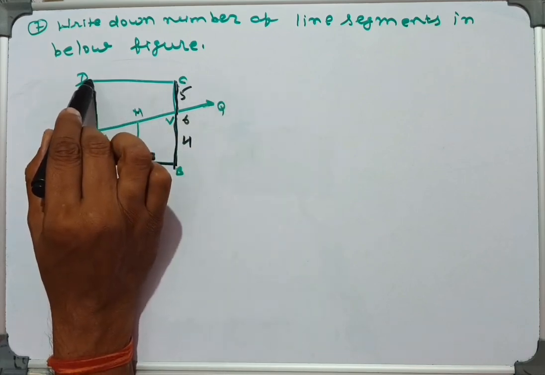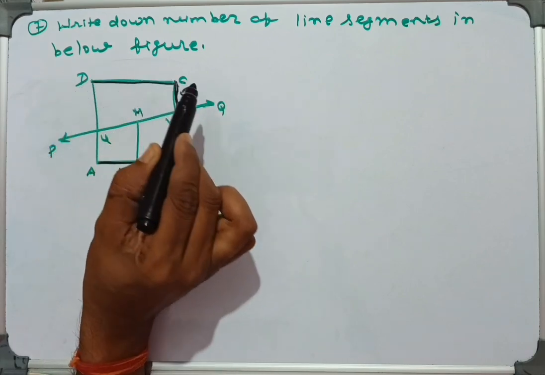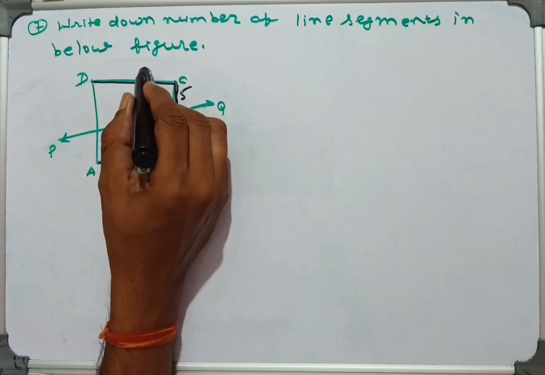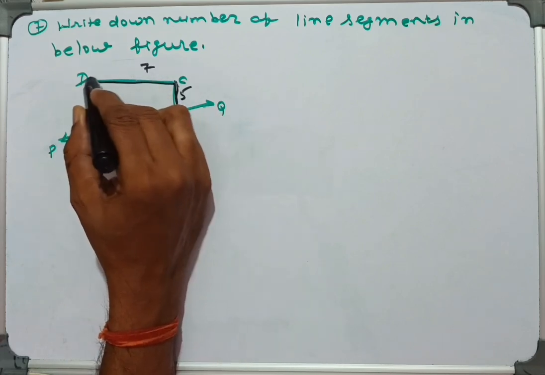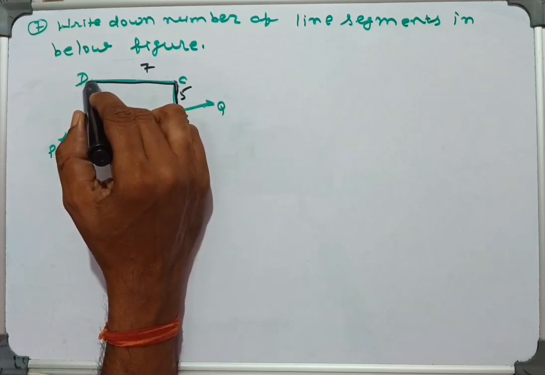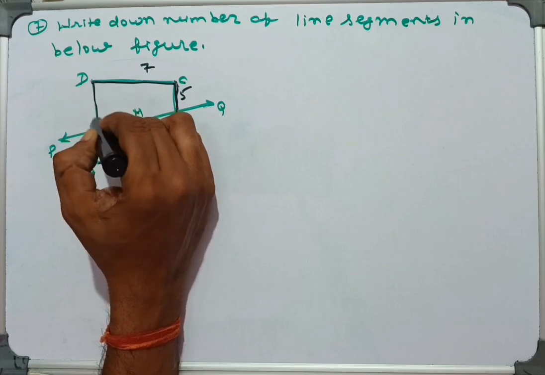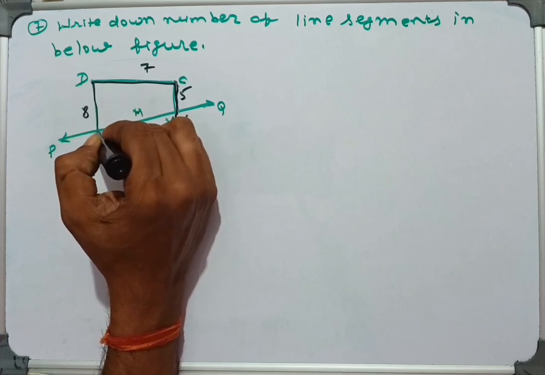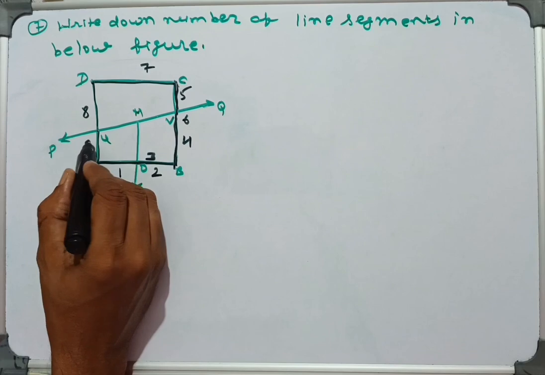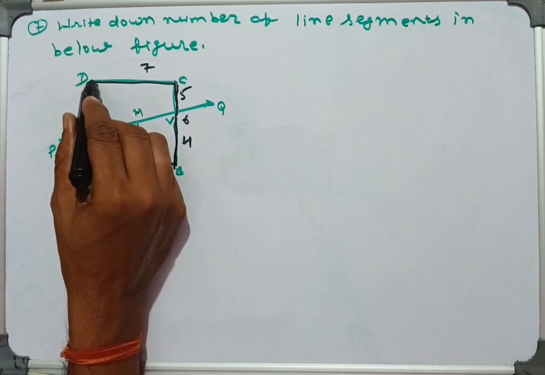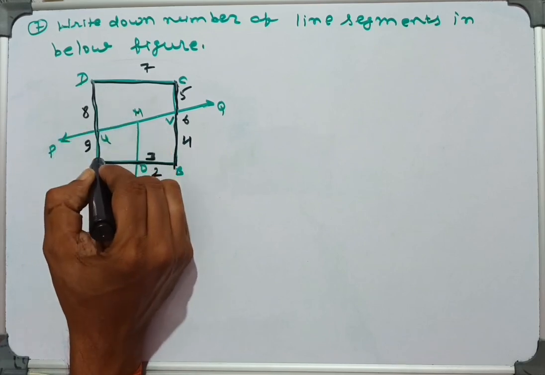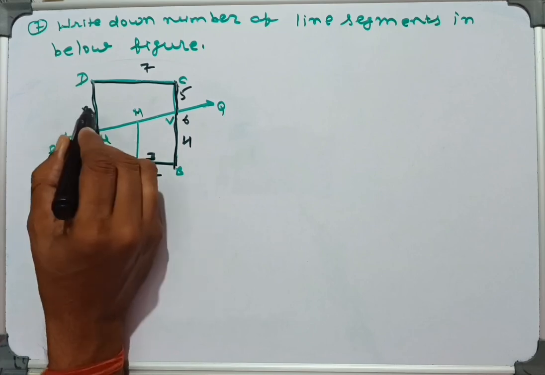Now CD is a line segment, this one is the seventh one. Then DU is a line segment, 8th one, UA is a line segment, 9th one, and DA is a line segment, this is the 10th one.